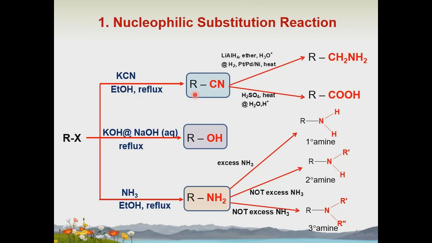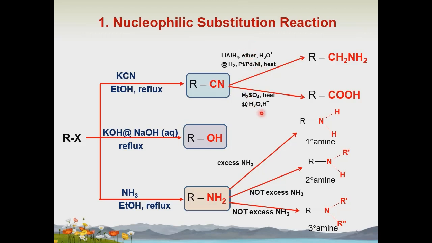We are going to produce RCN, a cyano compound, and this cyano compound is not stable and it is going to form further an amine, a primary amine, with the reaction of reduction agent LiAlH4, ether, H3O+, and H2 with Pt or Pd or Ni, heat. These are the reduction reagents.